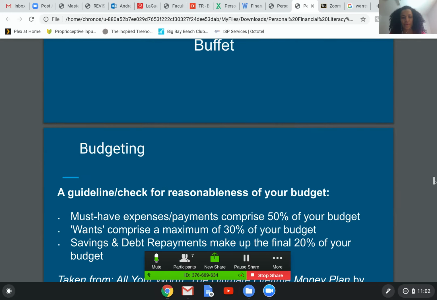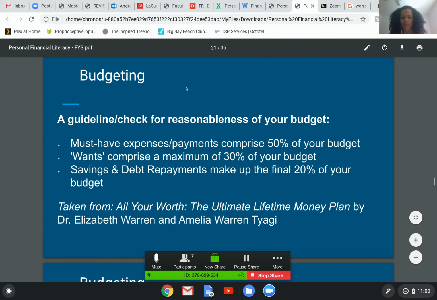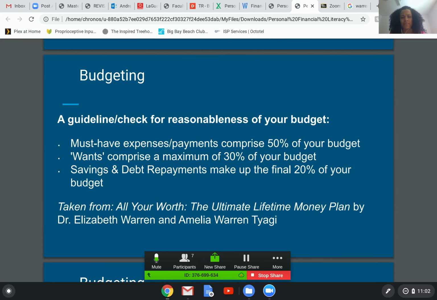As we go into budgeting, you don't have to follow this approach, but it comes up a lot in the financial literature to check the reasonableness of your budget. We just spoke about how you know that your budget makes sense. This is a guideline of how you might do it.